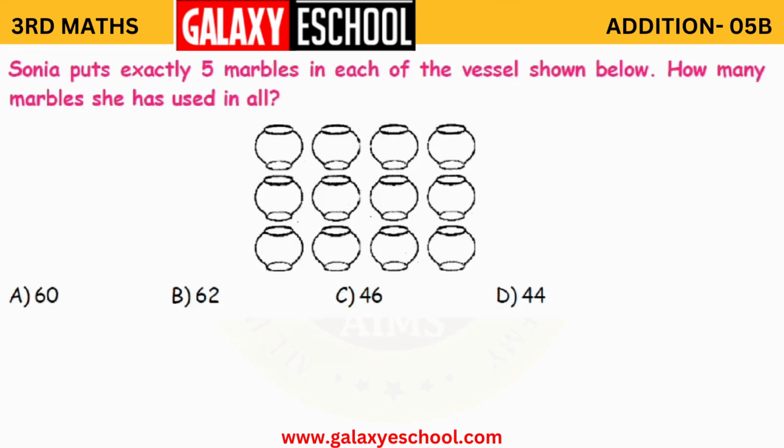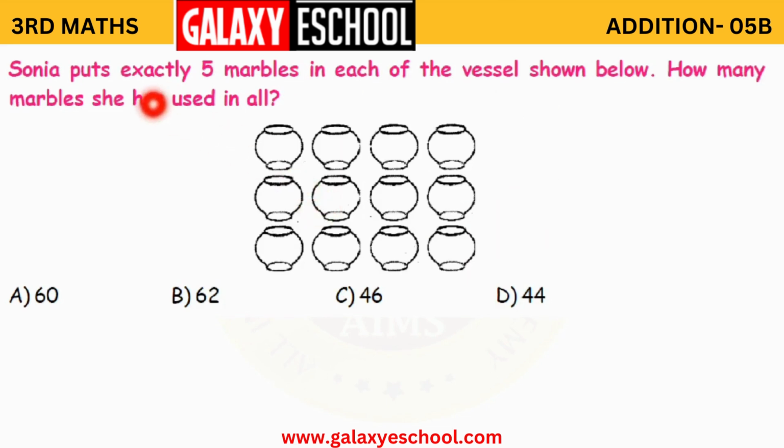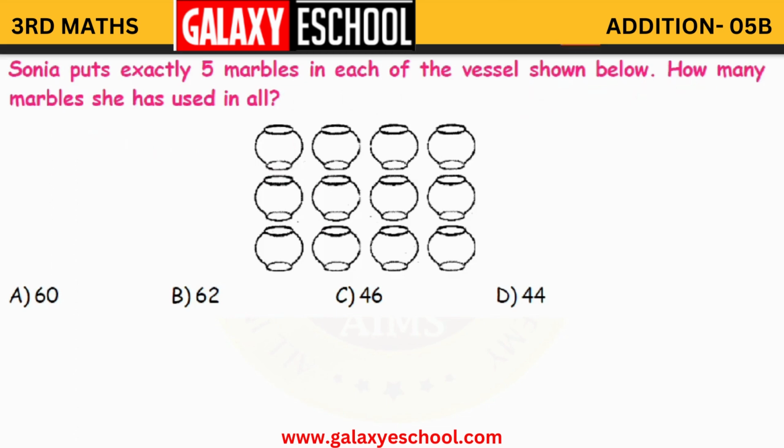Yes. Coming to the last question. Sonia puts exactly 5 marbles in each of the vessels shown below. How many marbles has she used in all? Now let us count the number of vessels first. 1, 2, 3, 4, 5, 6, 7, 8, 9, 10, 11, 12.